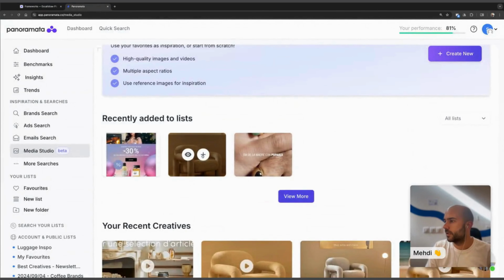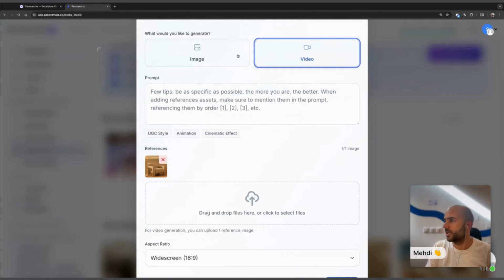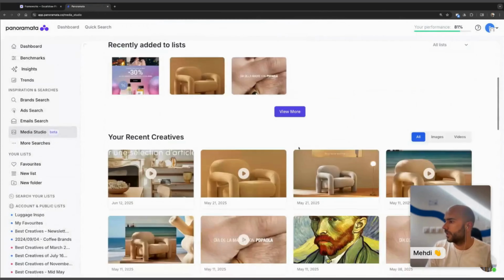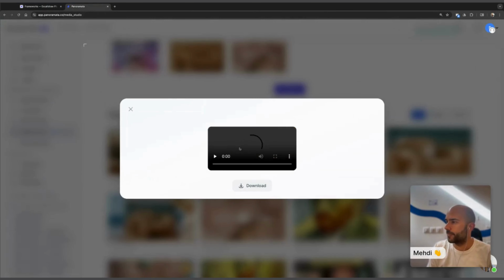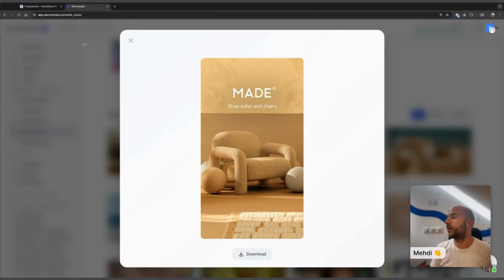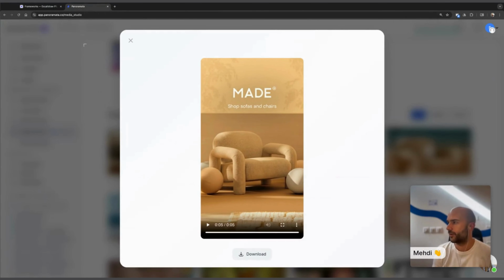I can use this and ask the platform to actually help me generate a video based on this ad here. And the platform, I did it just before to save time. The platform is going to be able to do exactly so, helping you save time, generate more assets or variations, again, based on what your competitors have done or based on what you find interesting in your own marketing strategy as well.